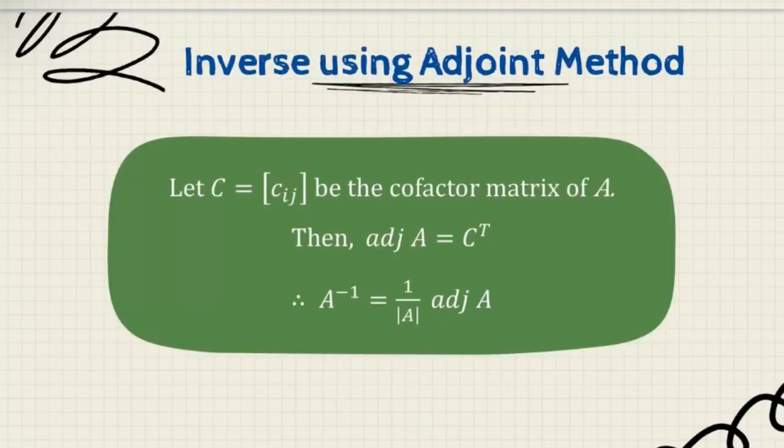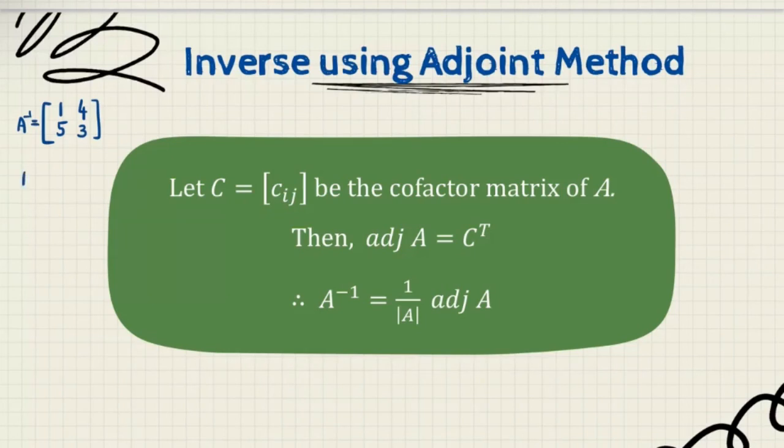Okay. Inverse using adjoint method is actually inverse yang kamu belajar dekat sekolah dulu. Di mana untuk 2x2 matrix, contoh kita ada 1, 4, 5, 3. Okay.